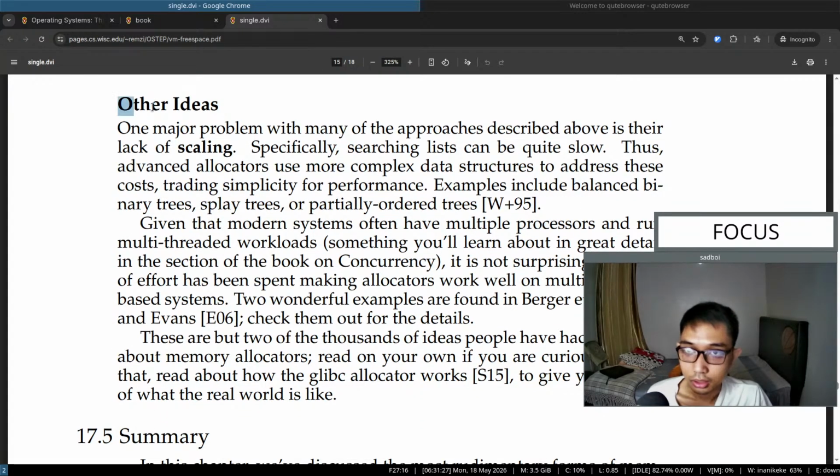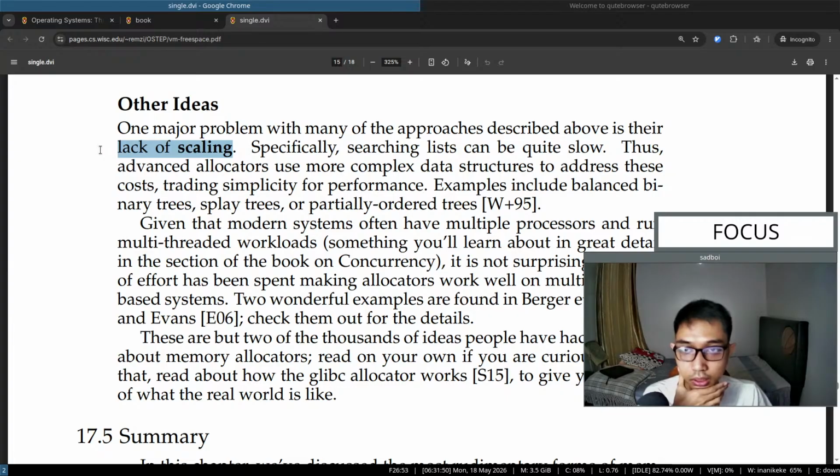Other ideas. One major problem with many of the approaches described above is their lack of scaling. Specifically, searching lists can be quite slow.